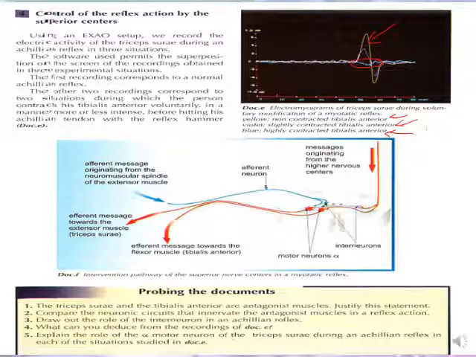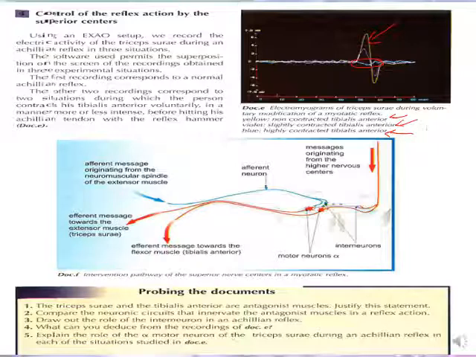This shows that the reflex can be modulated, or we can say it can be inhibited, by the intervention of the superior nerve centers. By superior nerve center here, we're talking about the brain. So the superior nerve center in the brain can control the reflex arcs.